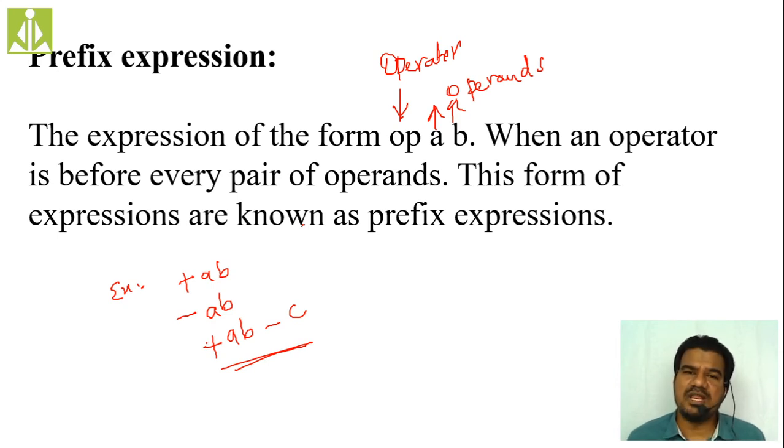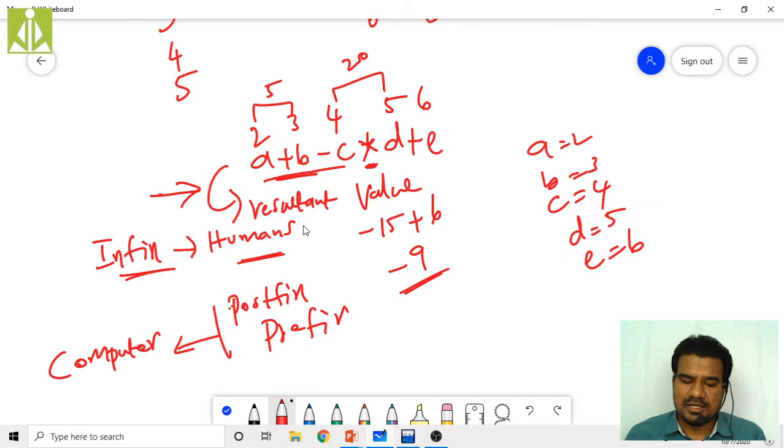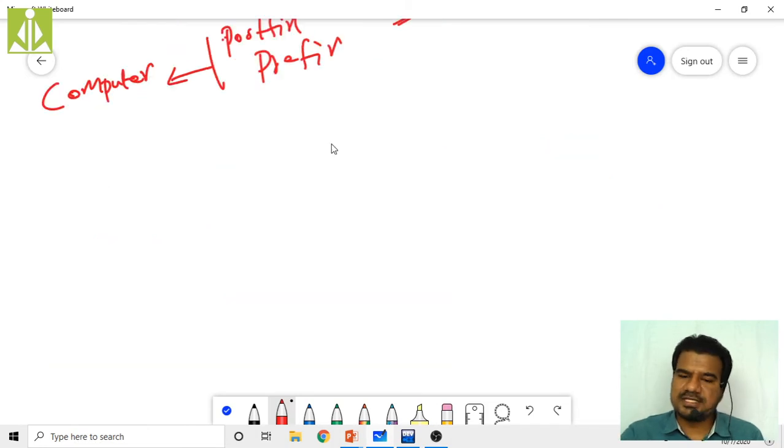So whatever expression we write inside a computer in order to evaluate will be in infix notation only, but the computer will not understand that infix notation. So internally it will convert that expression into either postfix or prefix before evaluation, before getting the final result. As I said, we human beings understand infix notation, so we write the expression in infix, like a plus b, and give it to the computer.